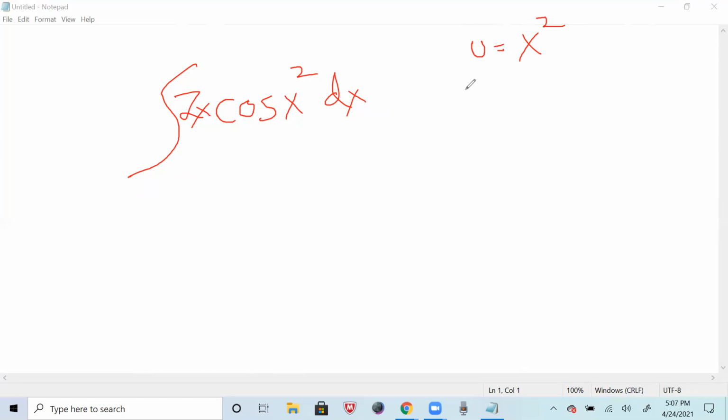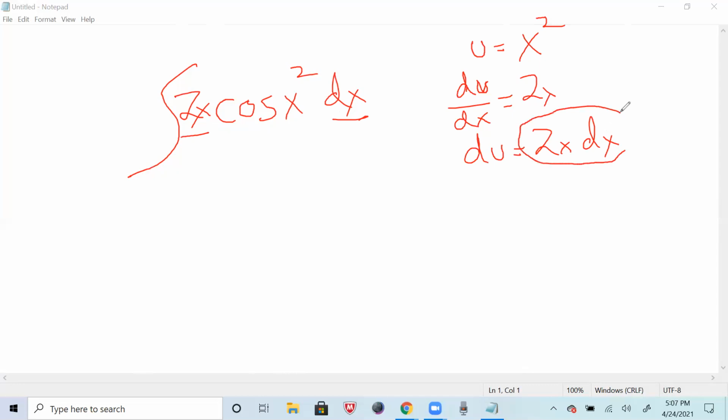You with me? I'm with you. So du dx is 2x. So du equals 2x times dx. And you'll notice that I have a 2x and a dx all in the numerator. So I can substitute, there's my 2x dx.